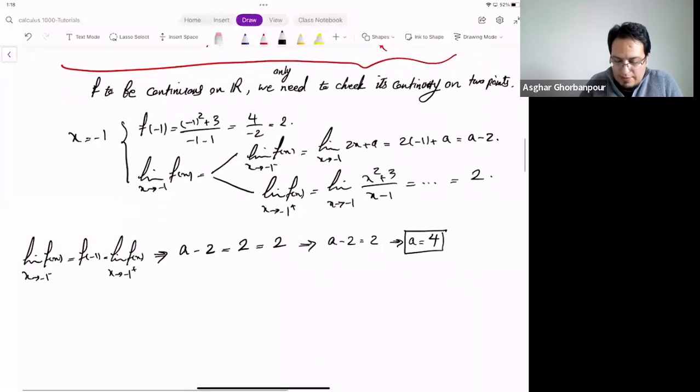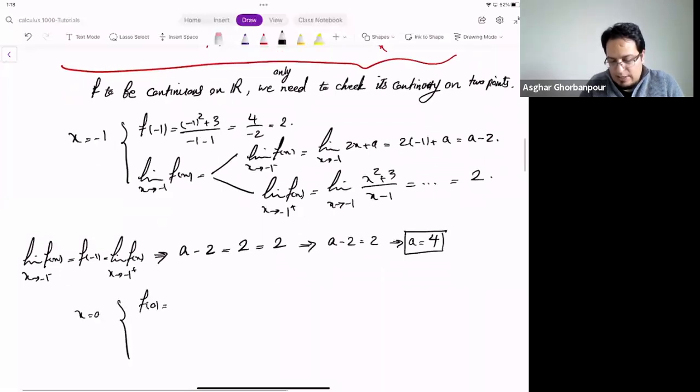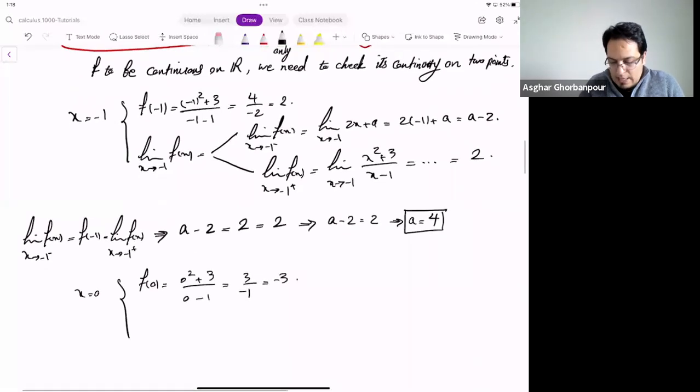Same kind of work can be done for x equal to 0. f at 0 is given by 0 squared plus 3 over 0 minus 1, which is 3 over -1, and that is -3. Limit of the function as x goes to 0: this is again a piecewise defined function, and around 0 it has different values.